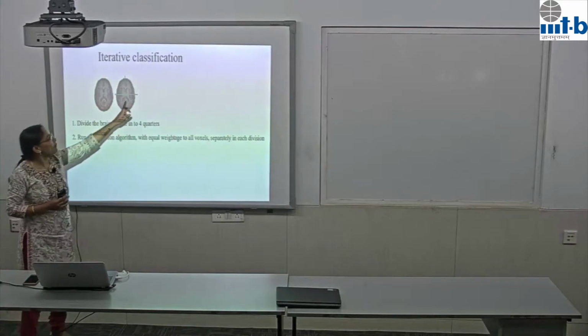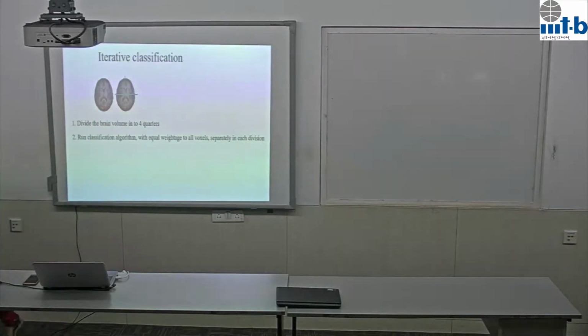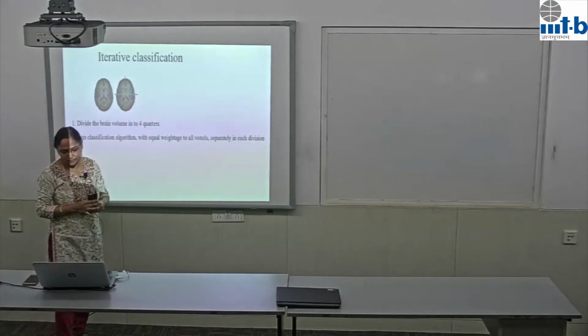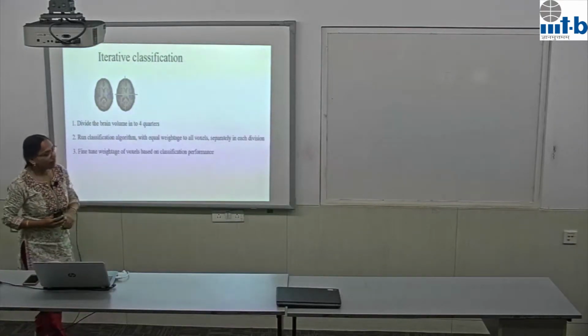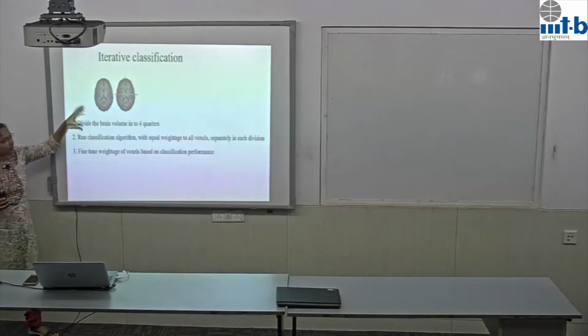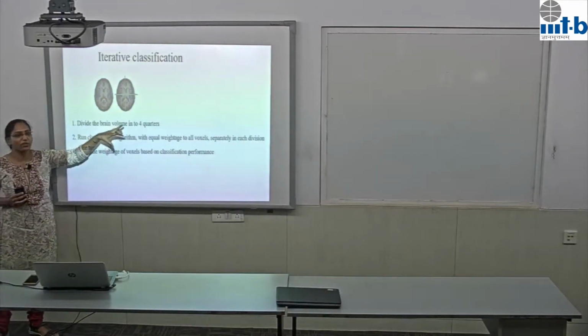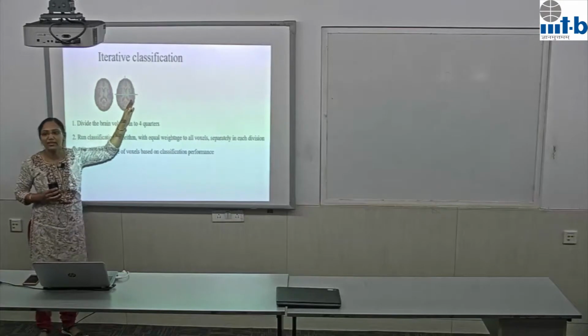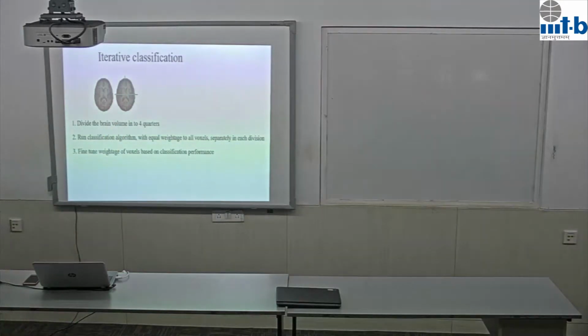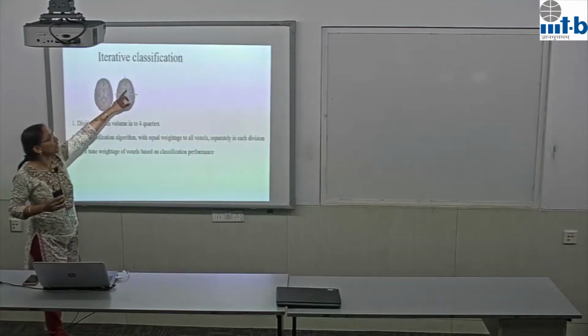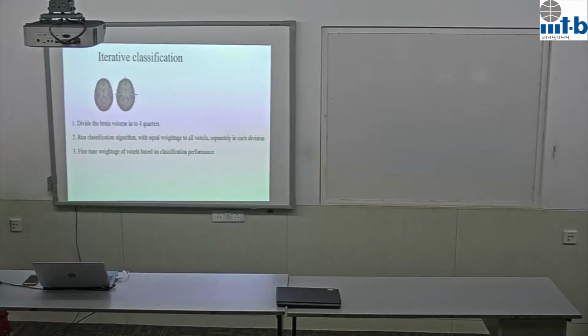Now, if there is one part which is very prominent in the activity, I expect that part to perform very well. Now, fine-tune the weightage of the voxels based on classification performance. So, if this quarter works well, I will assign more weightage to those voxels. If some part does the worst, I'll ensure that the weightage given to those voxels is the least.